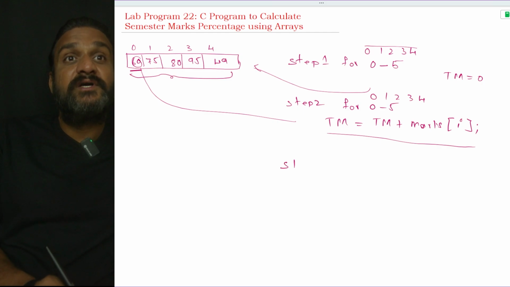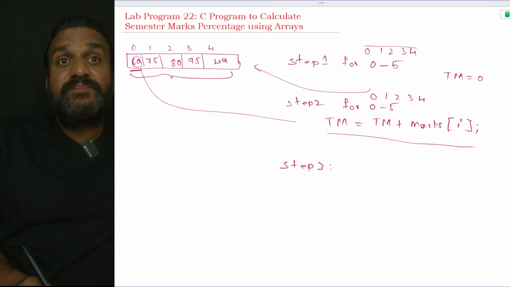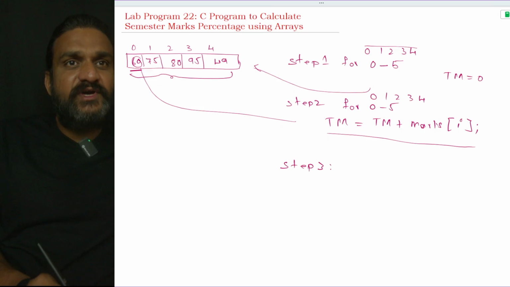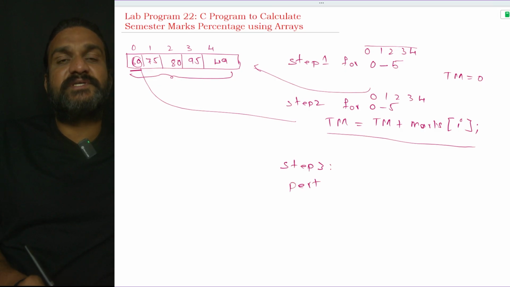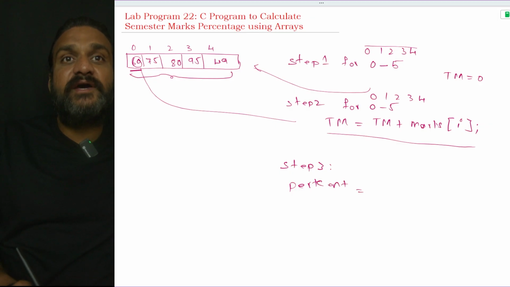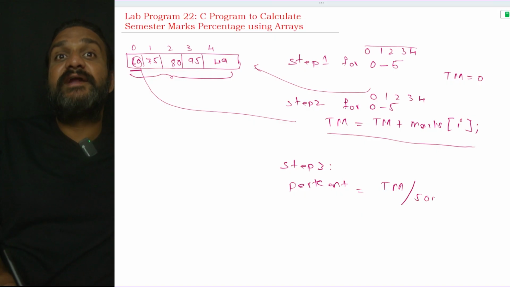That is our step 3. So what is our step 3? The percentage formula is very straightforward. Let's take a variable percent, and here we take the total marks divided by 500. It is 500, not 5000. Why 500?